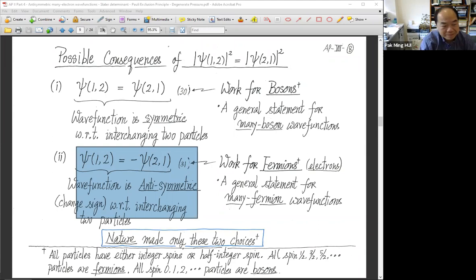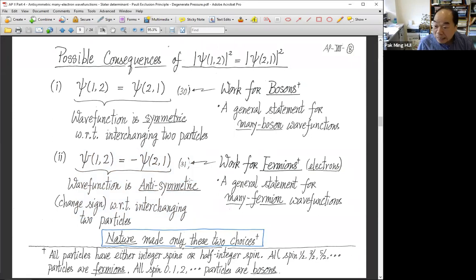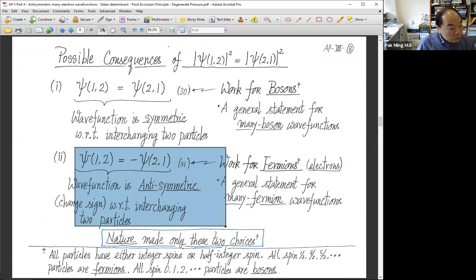Okay. Now, we have two choices, two options. It so happens nature does make use of these two options. For electrons, or a bigger class of particles called fermions, their wave function must obey this requirement.